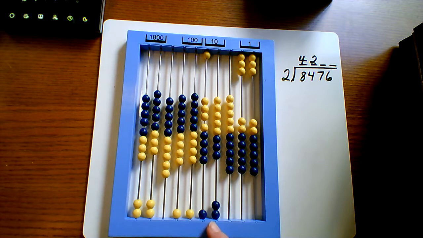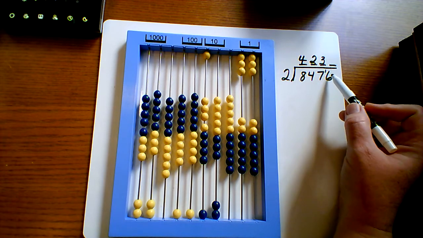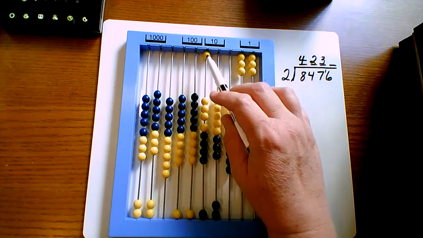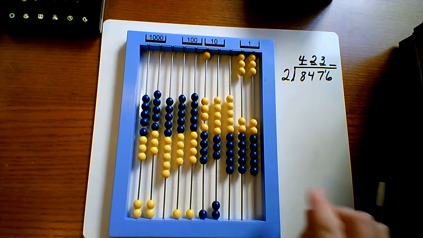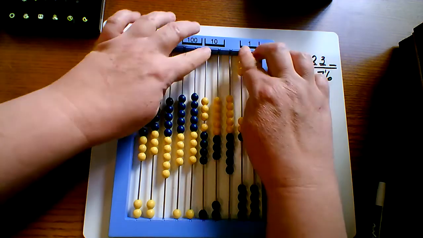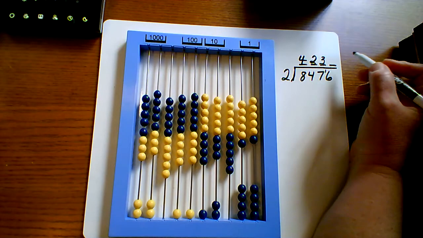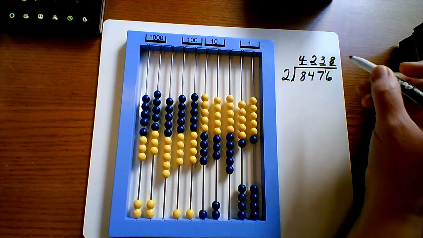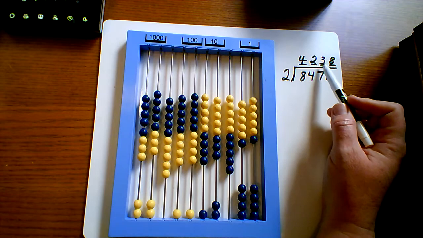So our answer is 3. And now we have that remainder of 1, so it's 16 divided by 2. 6 divided by 2 is how much? The answer is 8. So we can go ahead and remove these from the top, and I write my answer down as 8. So my answer is 4,238.